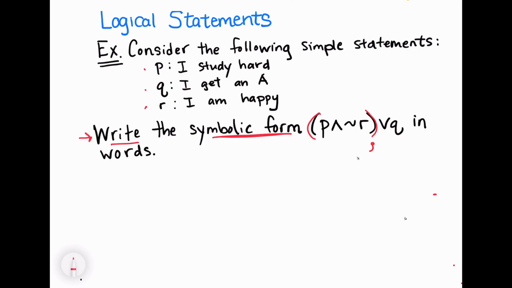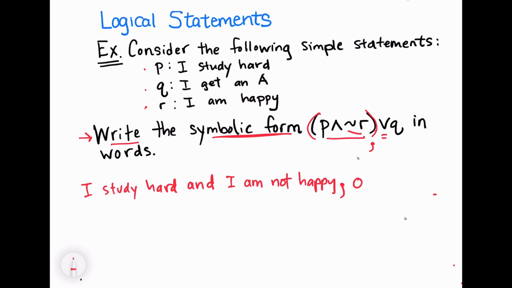Let's start with the first part. That's "I study hard." So we have conjunction here, and we have the negation of R, "I am not happy." Because of the grouping, I'm going to put a comma right here, and we're going to say "or," so we have disjunction, "or Q," "I get an A."